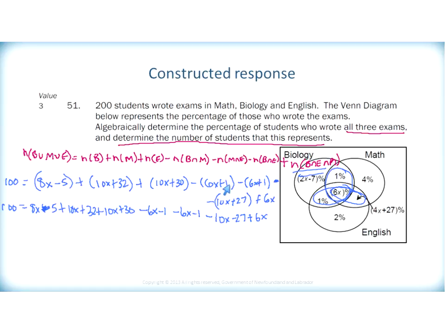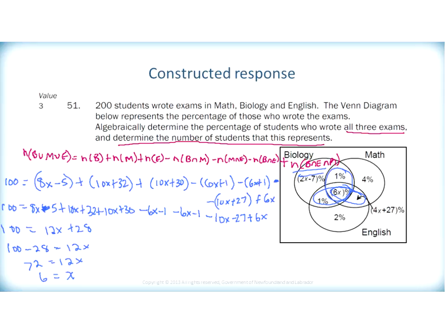When we collect the like terms, we will have 100 will equal 12x plus 28. This will give us 100 subtract 28 will equal 12x. 72 will equal 12x. So 6 will equal x.